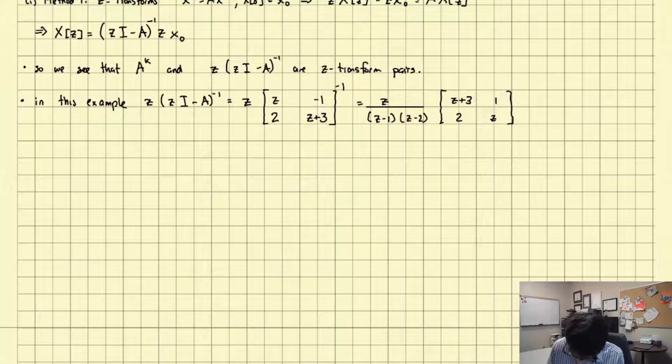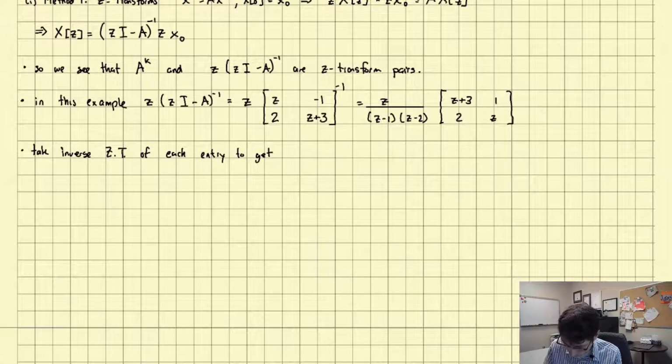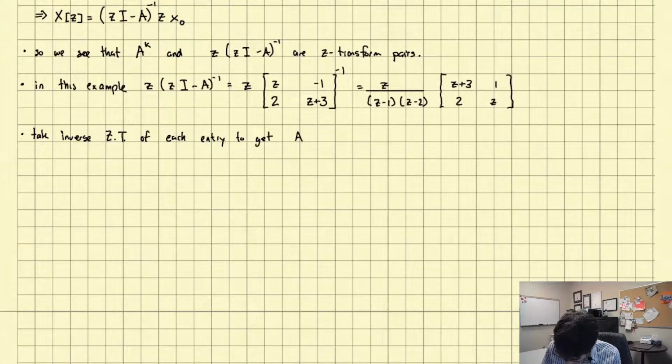So take the inverse Z transform of each entry to get, okay, we talked about how to do this a couple of classes ago, but you do it for each entry, and you will get the following.